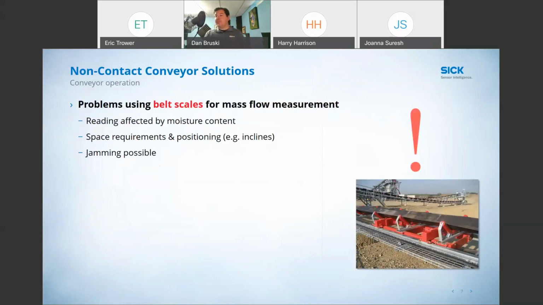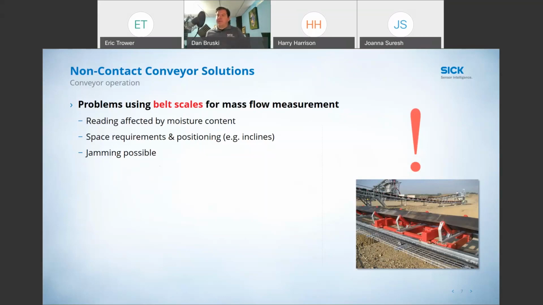However, from our experience, I can say that there are a lot of cement producers out there facing huge problems with underperforming belt scales and inaccurate readings, which cost users a lot of money every time the belt is in operation. For example, the reading can be affected by the moisture content of the transported material, especially if you're operating outdoors.